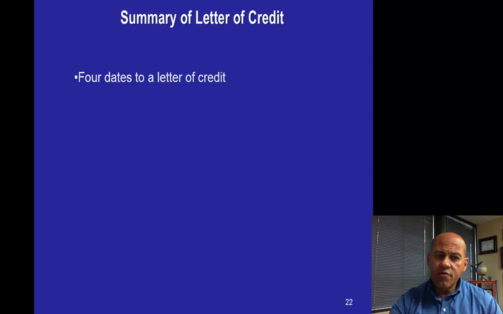So again, in summary, there are 4 dates to a letter of credit. So there's the date the letter of credit is effective, the date it expires, the last date to submit documents, and the last date of shipment. So those are critical dates to remember.